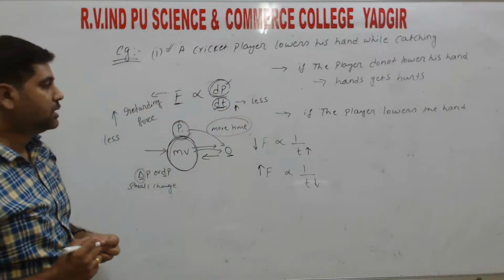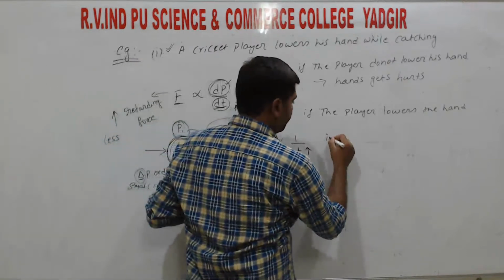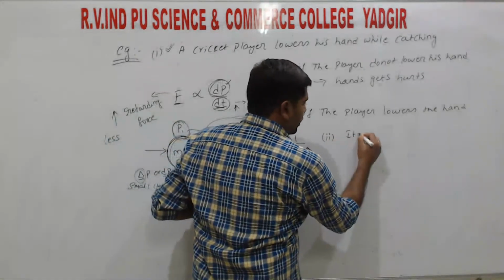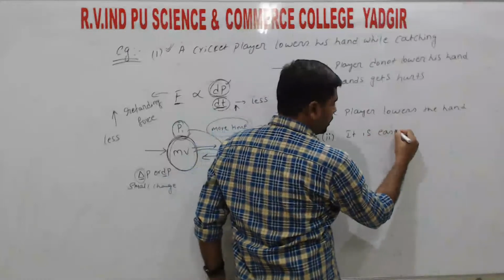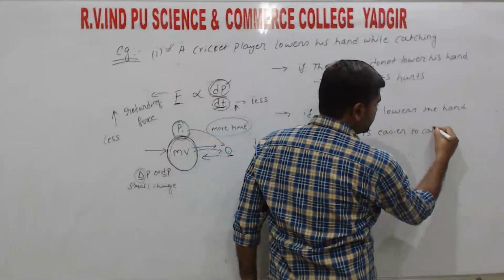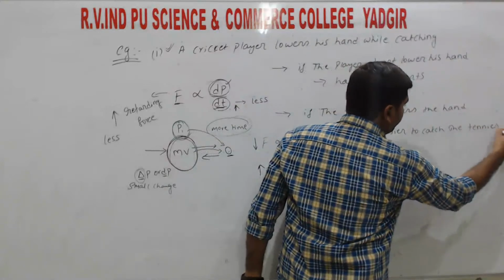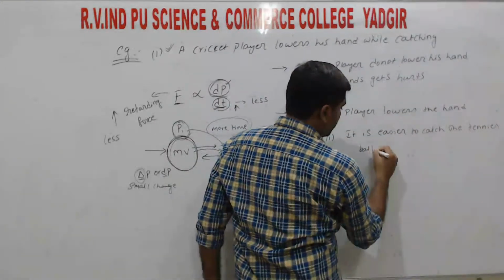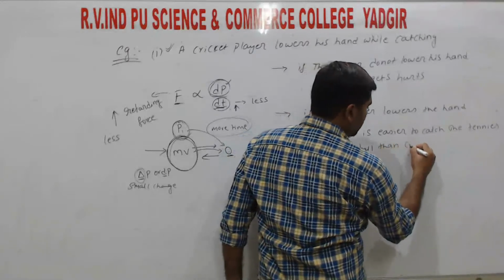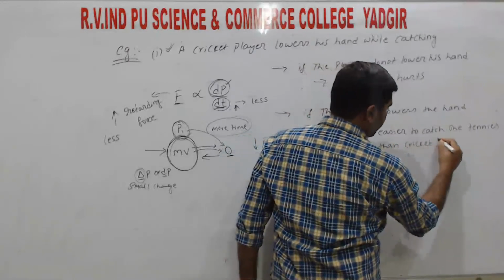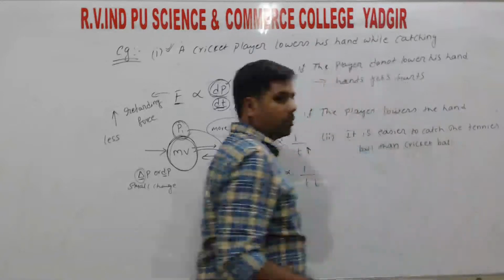So next, second example: it is easier to catch a tennis ball than a cricket ball, right?